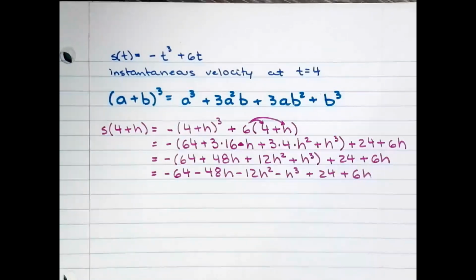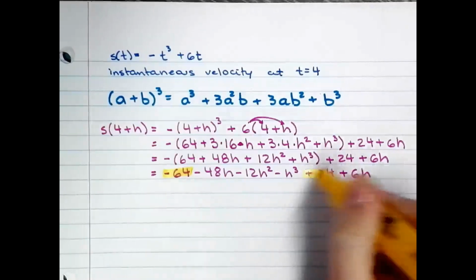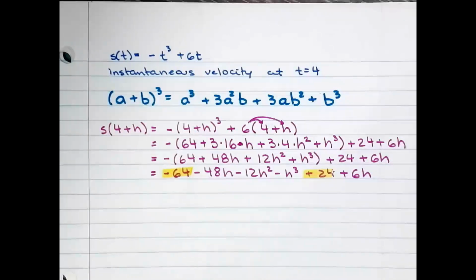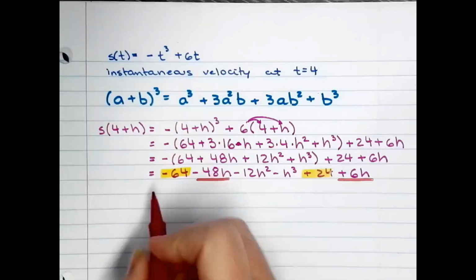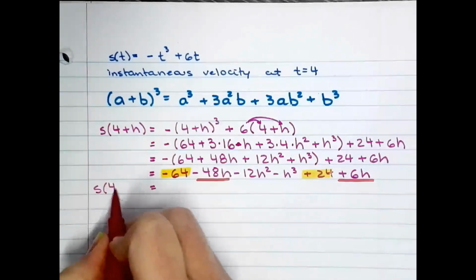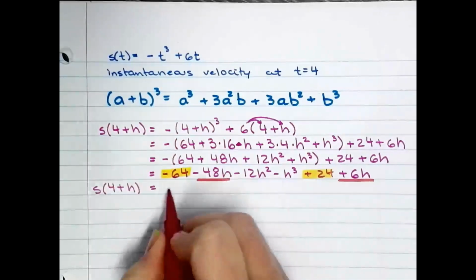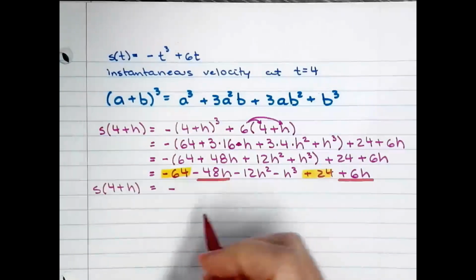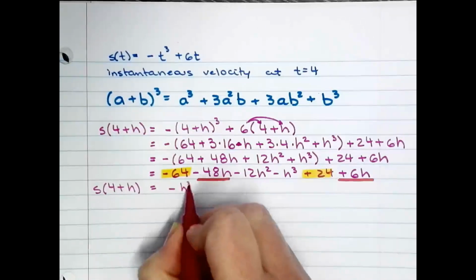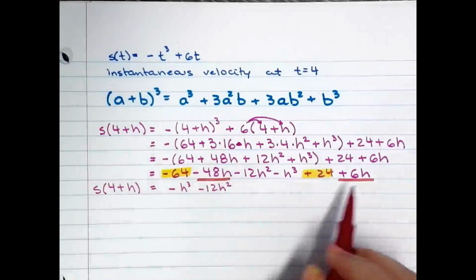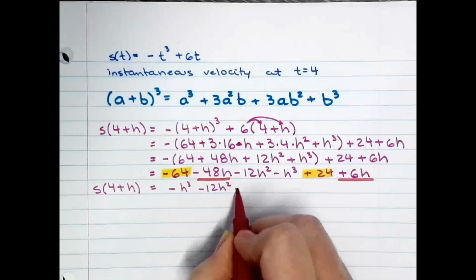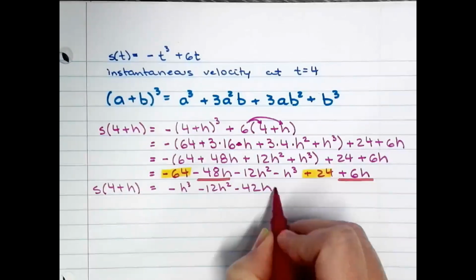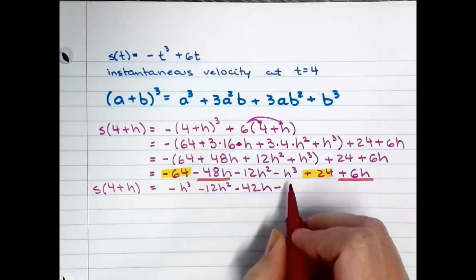Combine like terms, and as I'm combining like terms, I'll go ahead and organize, put that in order from highest exponent to least exponent. So I have negative h cubed. Combine them, I have negative 42h minus 40.